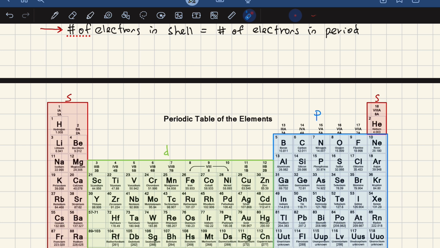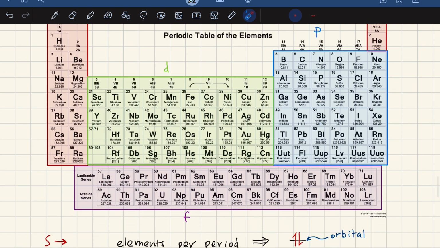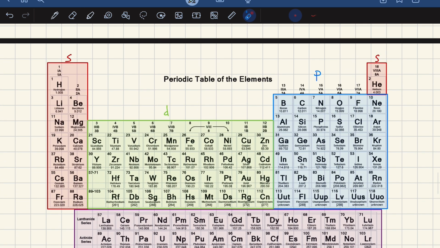I'll cover this in much more depth in a later video, but the key skill to have for now is to be able to place electrons into orbitals in the right order. As you can see here, we have the s, p, d, and all the way down here, f subshells, which are named for reasons that I don't quite understand, and you don't have to either.